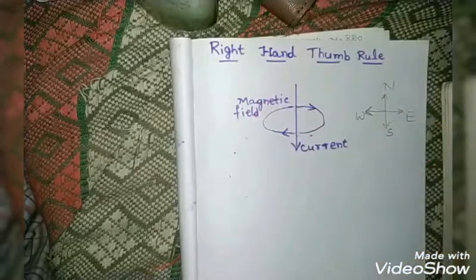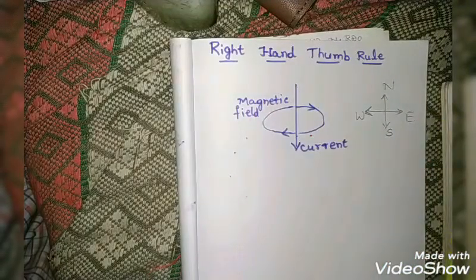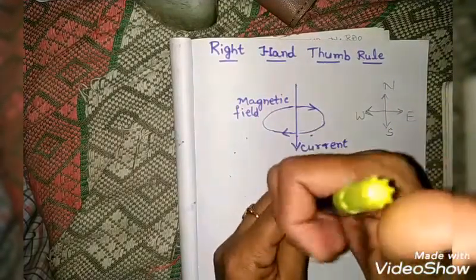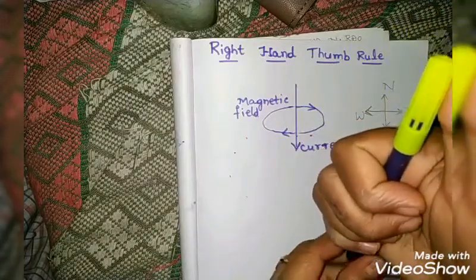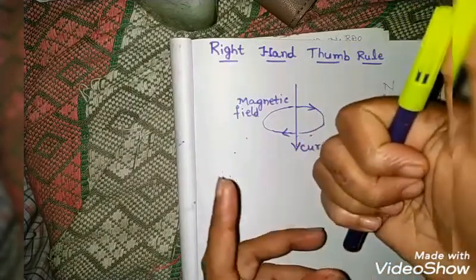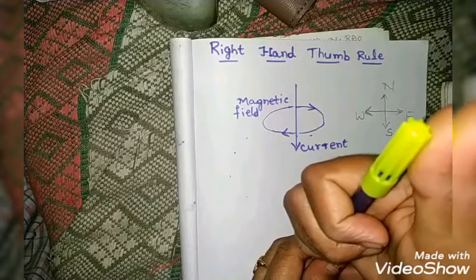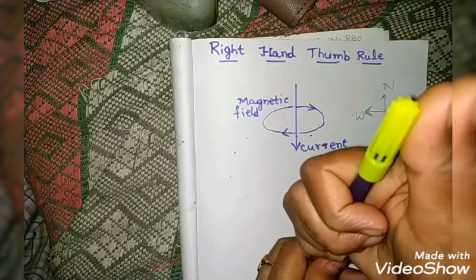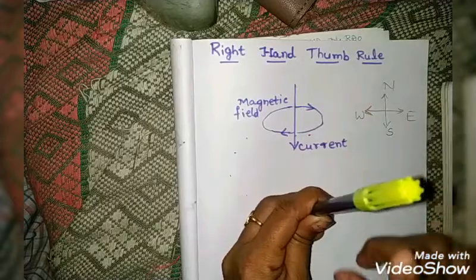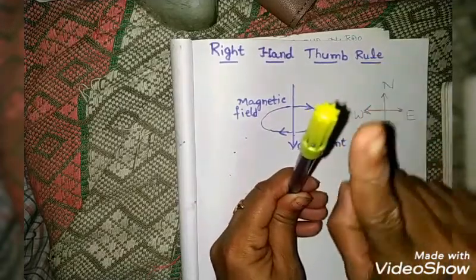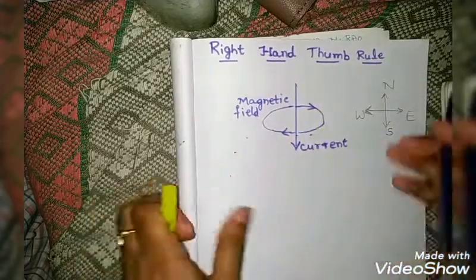Okay. Now, for example, I held it like this. Now let us try to find out the direction of the magnetic field. Now, the direction of the current is upwards, correct? Upwards. Here you must know about the directions, children.